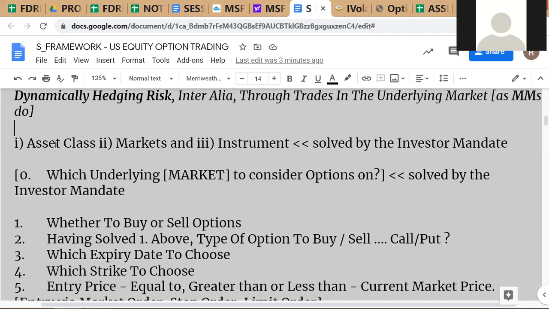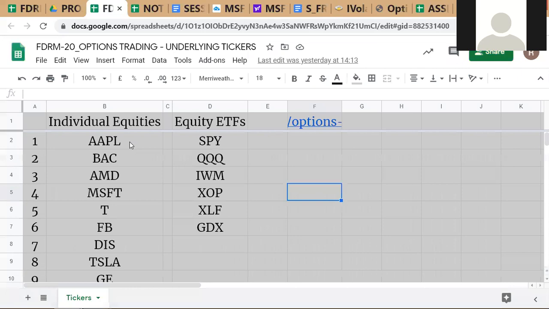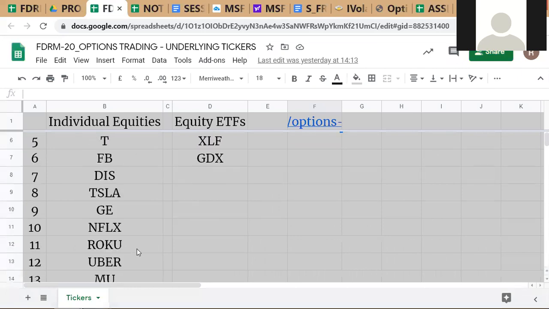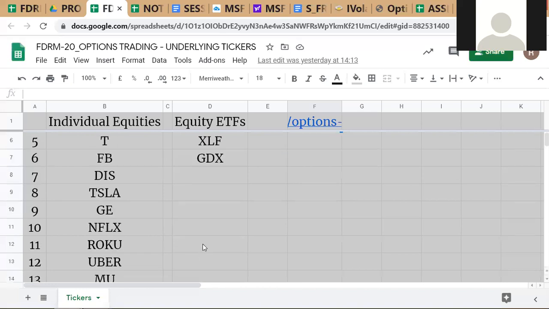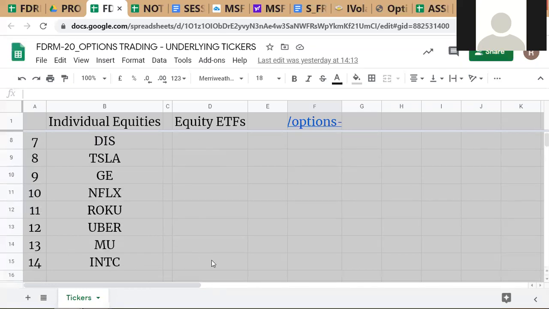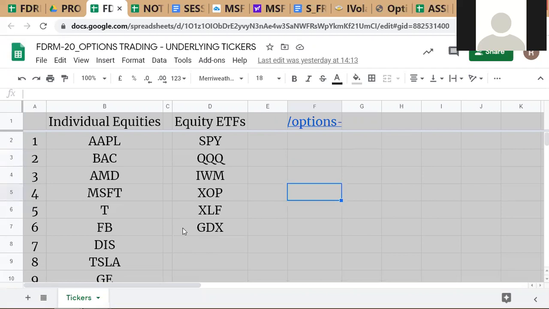So in this project which you're doing, asset class is equities. Markets are these particular tickers, only these 20 tickers. These are your markets, underlying asset, underlying market instrument combination, 14 stocks and 6 ETFs. 20 tickers, these are your 20 markets.